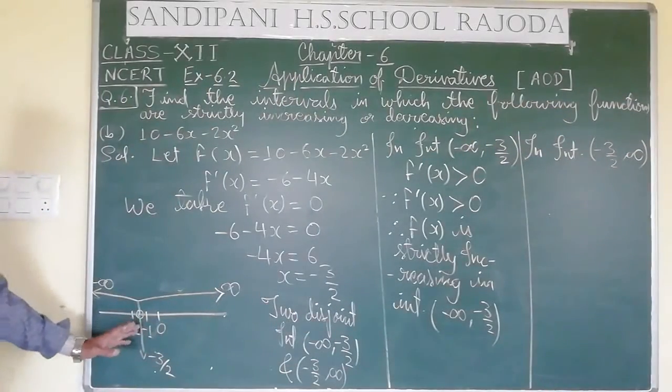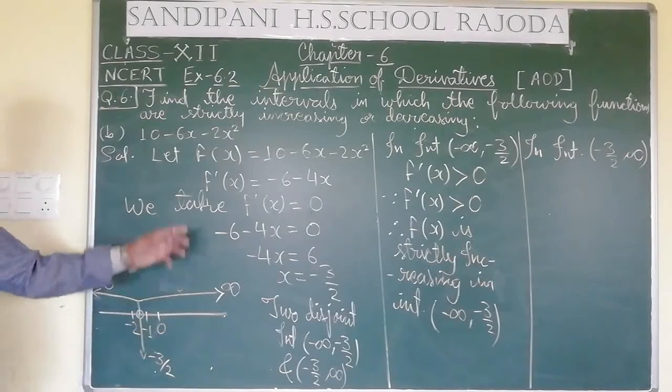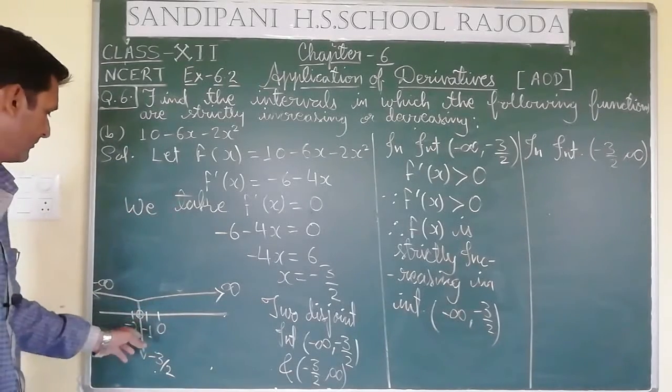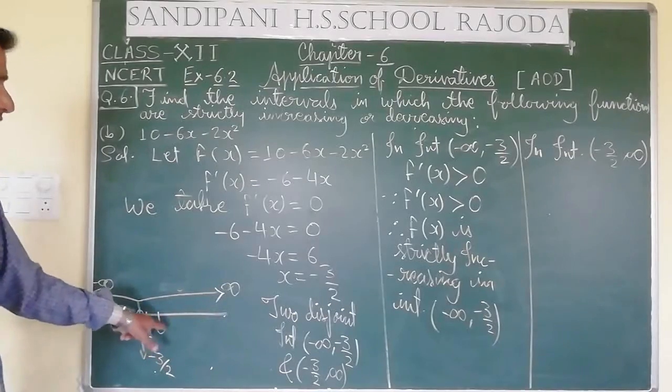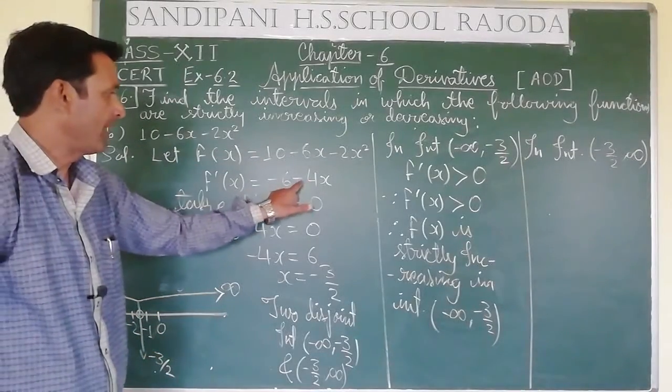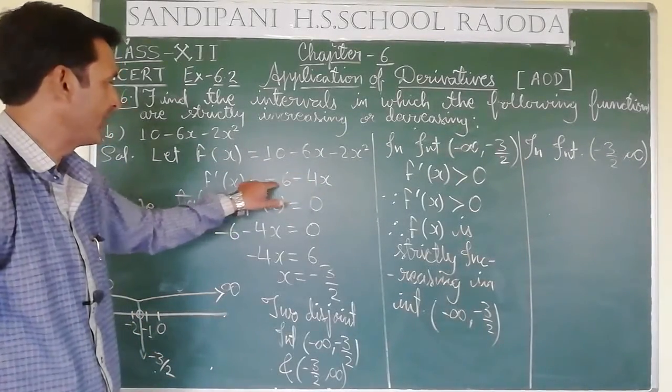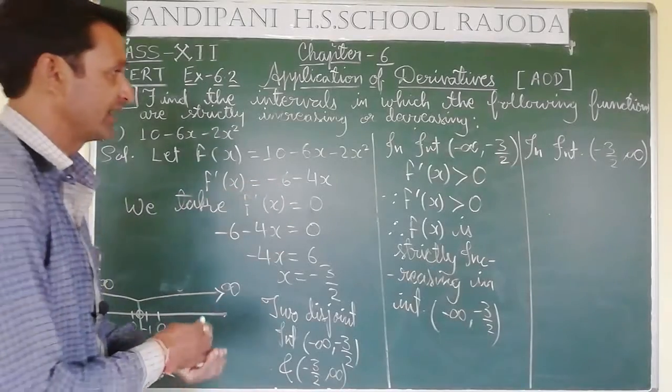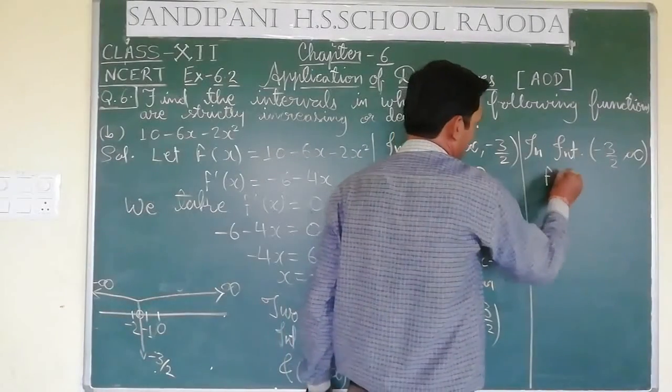Suppose after minus 3 by 2 I am taking 0, because it is in between minus 3 by 2 and infinity. So suppose I am taking 0. So minus 4 into 0 is 0 only. So it will become minus 6. So f dash x is negative. So f dash x is less than 0 here.